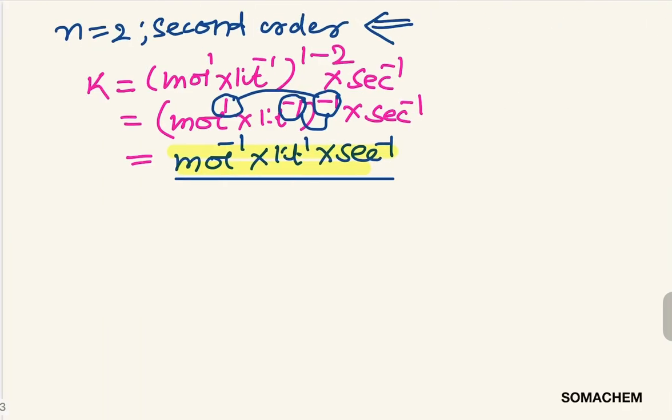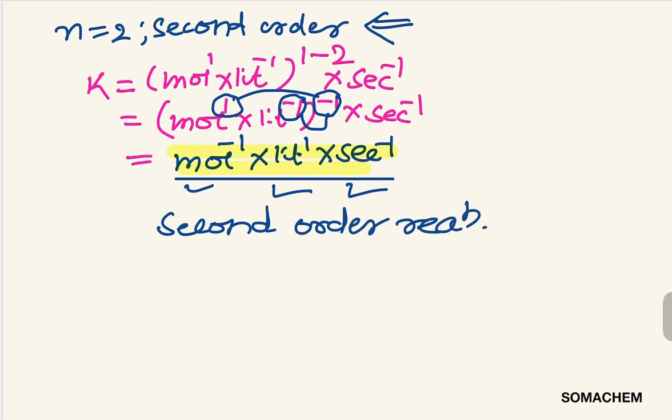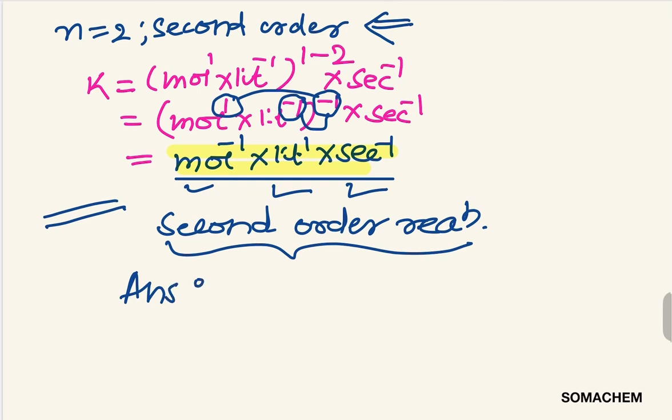Here exactly same, mole to the power minus 1, liter to the power 1, and second to the power minus 1. And definitely given problem is an example of what? Second order reaction. So by using unit of rate constant we can calculate. So answer is second order reaction, that is third option.